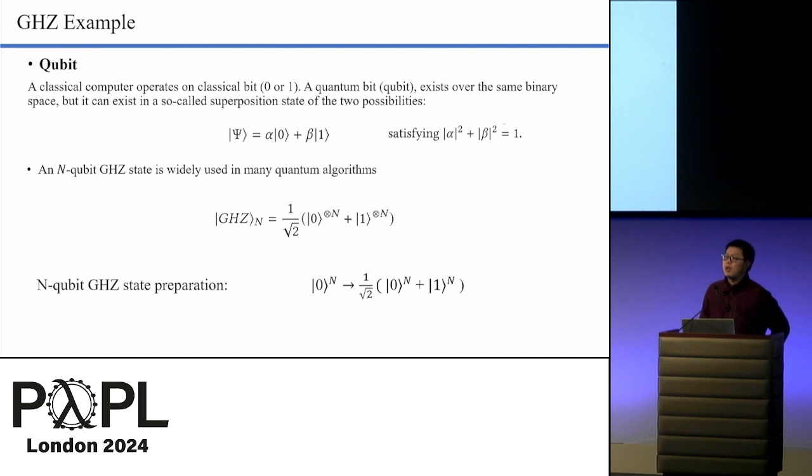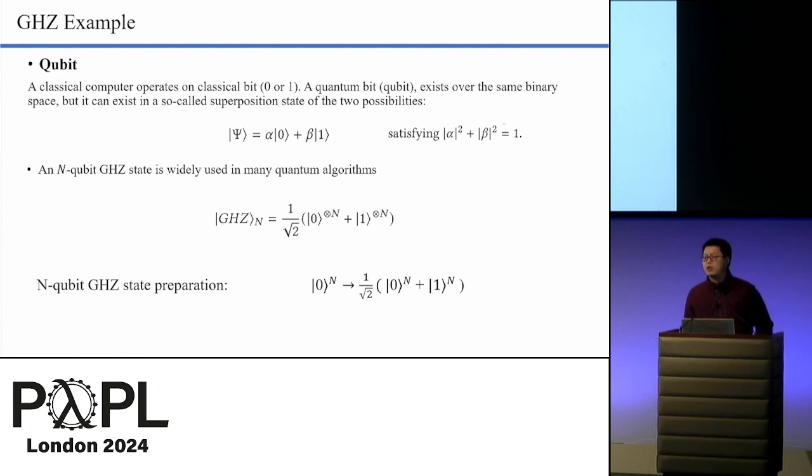I want to use the synthesis of a simple GHZ example to show the synthesis process of QSynth. And before that, I want to introduce some basic knowledge of quantum information. The most key concept in quantum information is the concept of the qubit. For classical computers, we know that we usually operate on classical bits. Each bit can be 0 or 1.